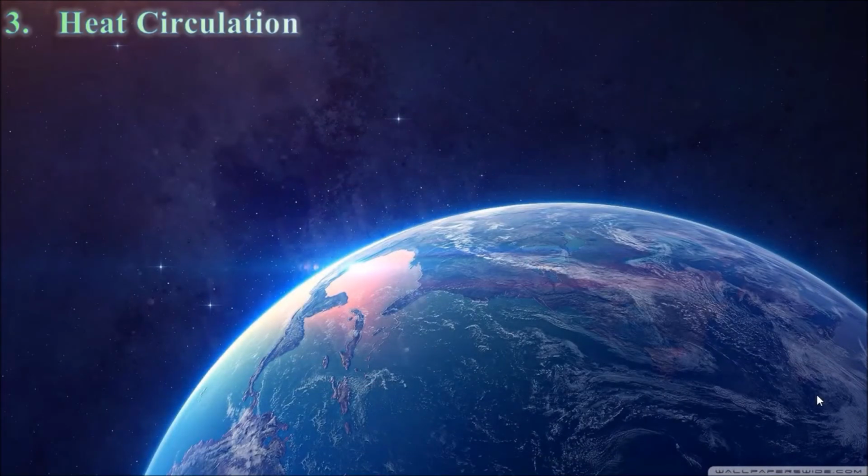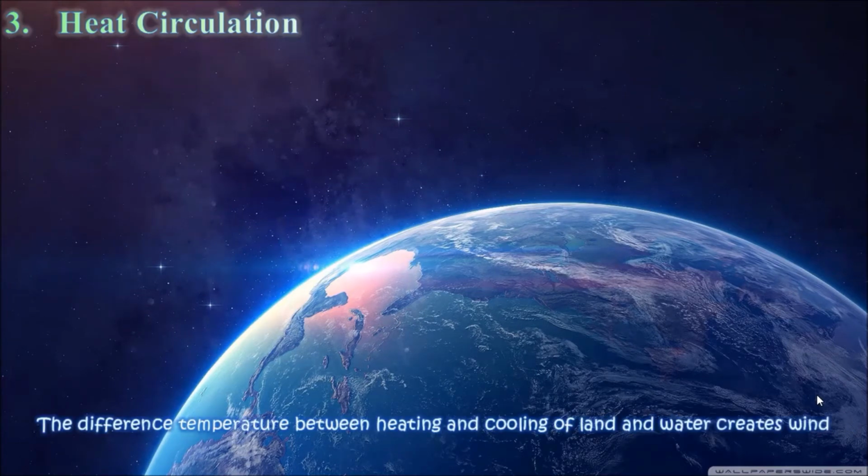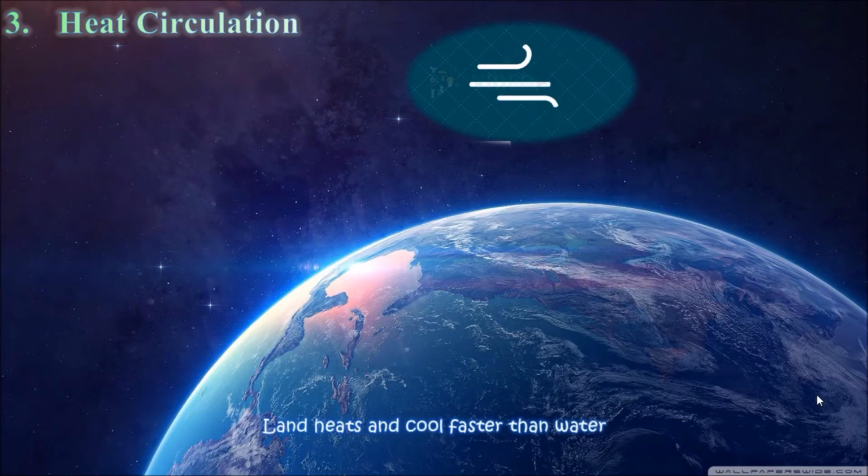Heat circulation. Different surfaces of Earth heat and cool at different rates, creating wind patterns and ocean currents. The difference in temperature between the heating and cooling of land and water creates wind. Land heats and cools faster than water.